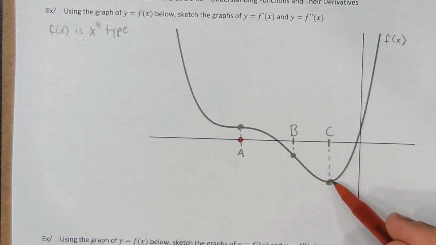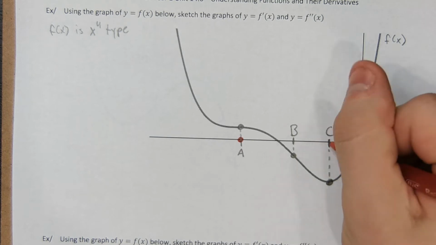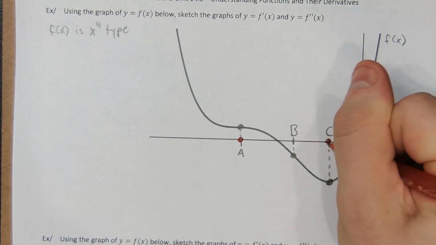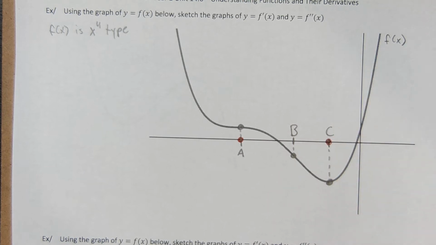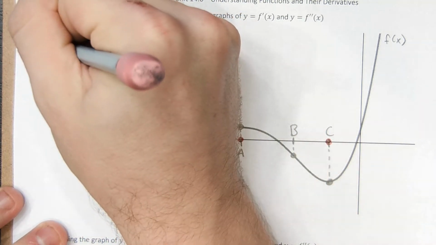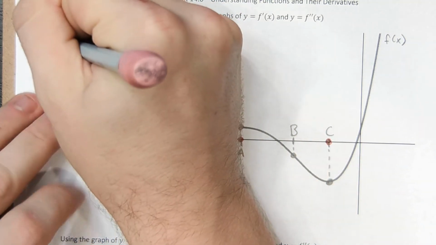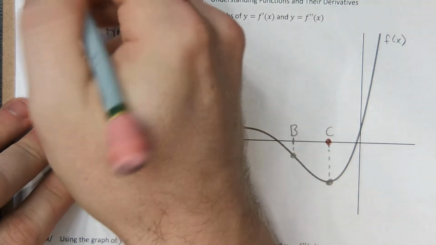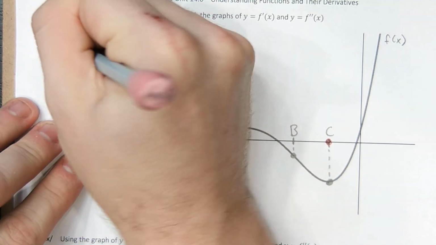And then right here, again, f of x is flat. So it has a slope of 0, which means f prime of x has a y value of 0. Like that. So what do we know? We know f prime of a equals 0.